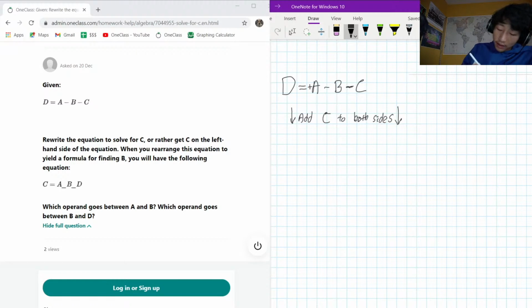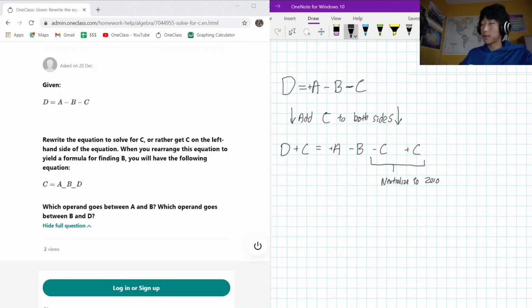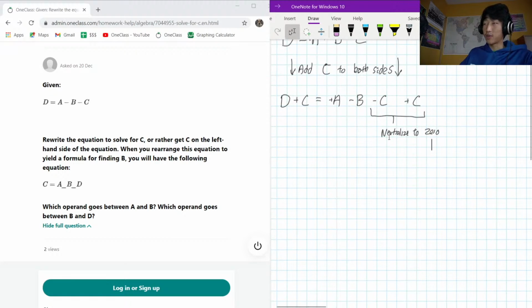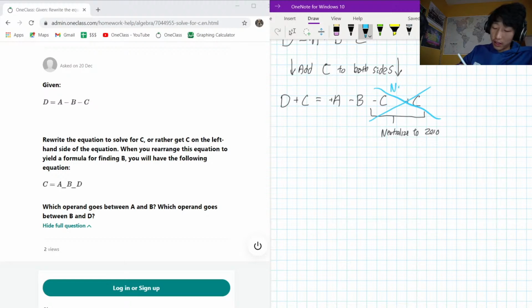D plus C is equal to plus A minus B minus C plus C. Now you see here, they neutralize to 0. That's fairly straightforward. Minus C plus C is effectively doing nothing, so we could really just say, see you later, alligator, no need.